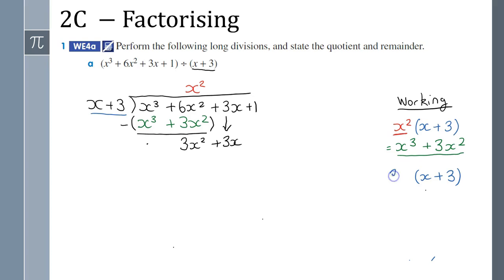And the answer would be 3x. So when I expand that little bit out there, I would get 3x squared plus 9x. Okay, again, my red part goes up the top, so plus 3x. And my green part goes down here.